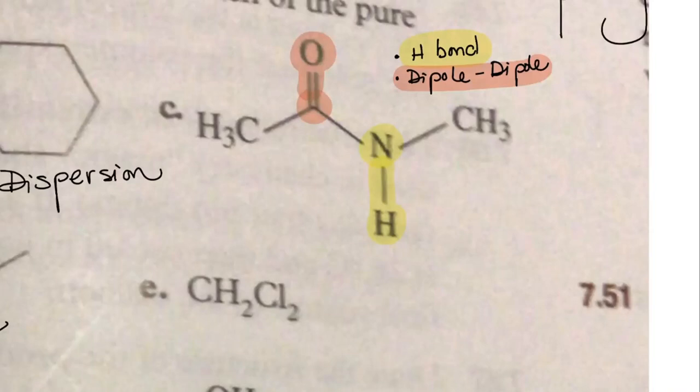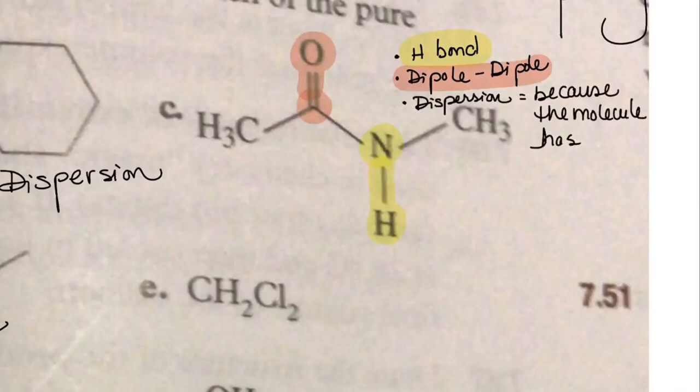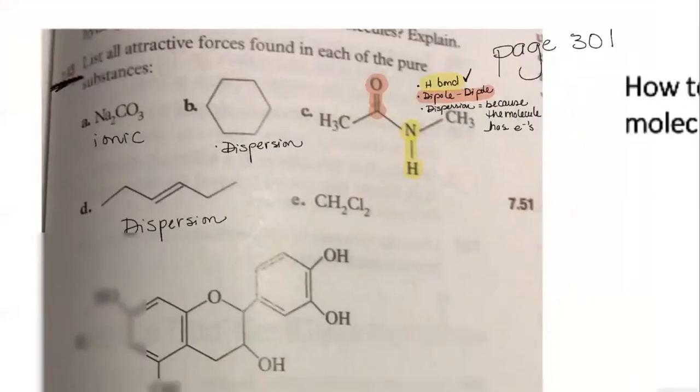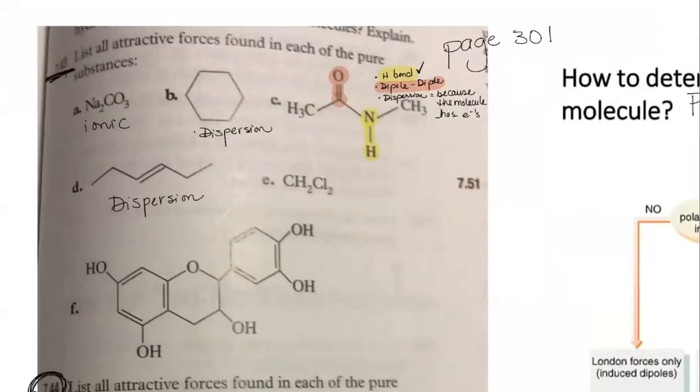And then lastly, it's going to have dispersion forces, because the molecule has electrons, okay? Now, out of these three, remember that the strongest one in this molecule is going to be those H bonds. Any questions? Trying to find attractive forces in a given molecule.